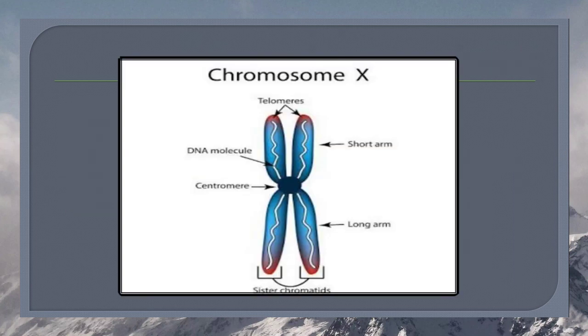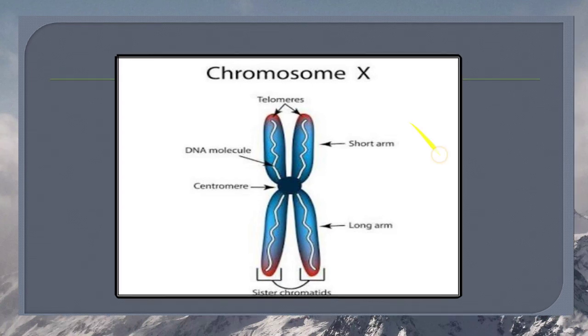Now coming to structure of chromosomes. A DNA molecule is packed into thread-like structures called chromosomes. Each chromosome has a constricted point called centromere, which divides the chromosome into two sections or arms, short arm and long arm. Location of the centromere gives the chromosome its characteristic shape.